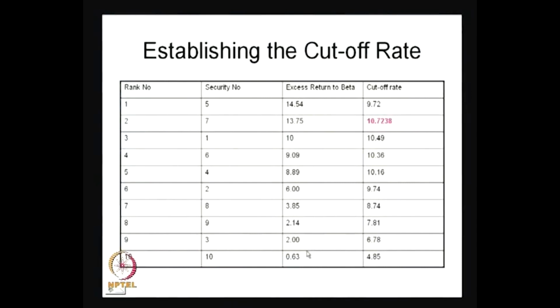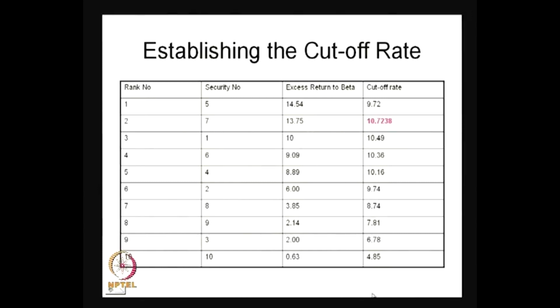First of all, we have to see where the cutoff rate is more than the excess return to beta. First case is 9.72, excess return to beta is 14.54. Second case it is 10.72, but excess return to beta is 13.75. Third case it is 10.49, but excess return to beta is 10. Like that, cutoff rate is 10.36, but excess return to beta is 9.09.